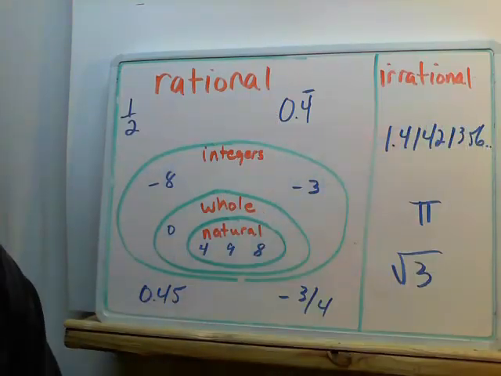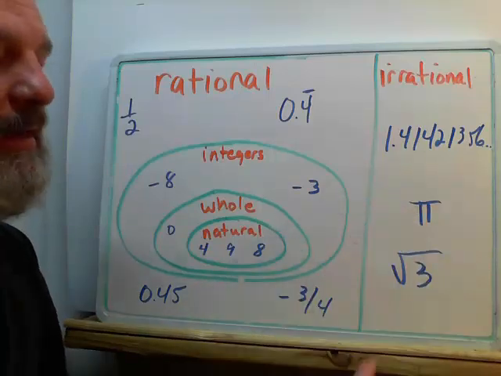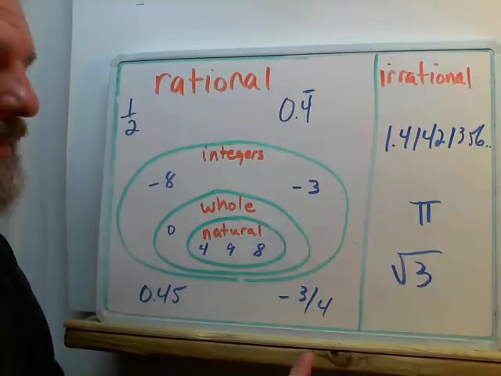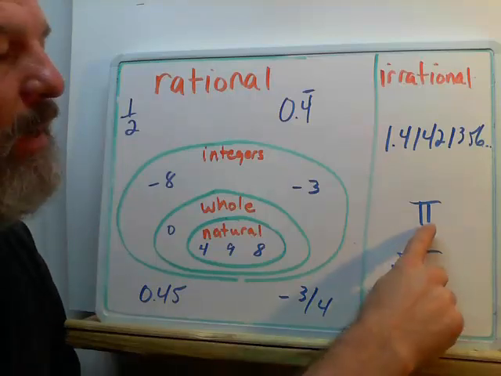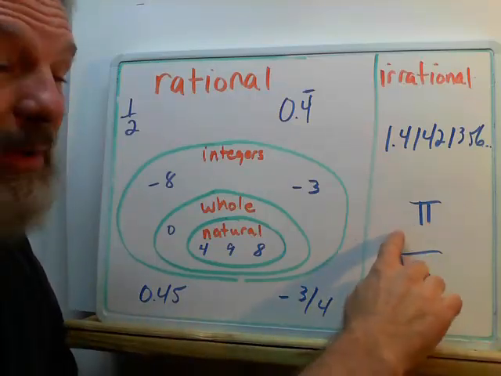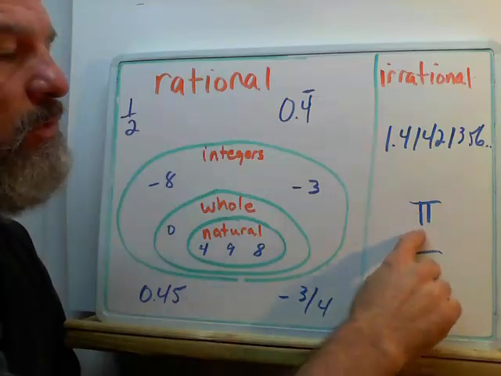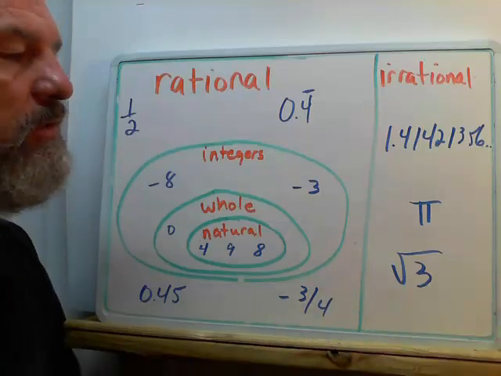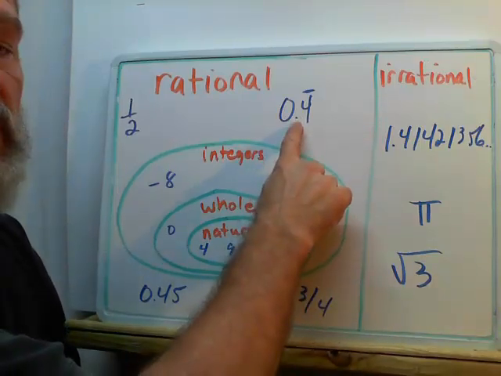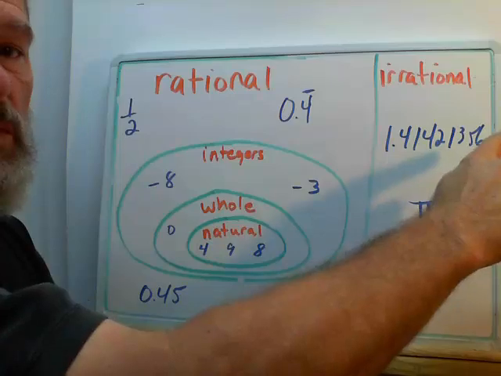Irrational numbers turn up when we have a number that does not terminate and does not repeat when we put it in a calculator. That's very important. If you put pi in a calculator and use the pi key, not 3.14, use the pi key and hit enter, it will fill the screen. If it fills the screen, and it does, this will fill the screen, but it's a repeater. It's just all 4s.